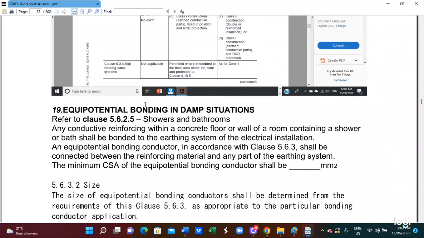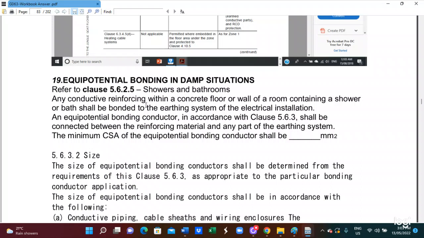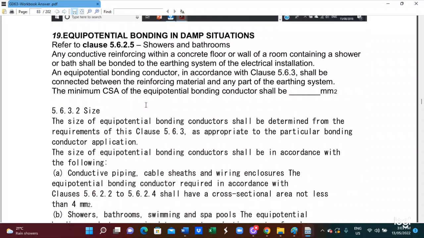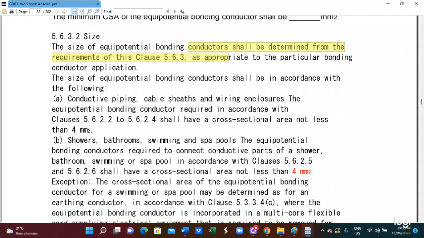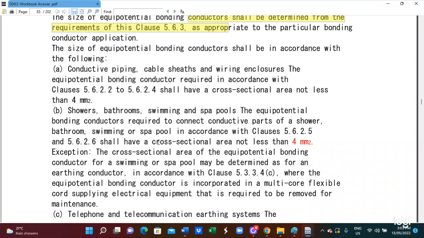Also clause 5.6.2.5 covers bonding in the damp situation. In this case, you have to use the equipotential bonding conductor, and also the size of the equipotential bonding conductor and protected piping, shower barrel, swimming pool area, how to run the protective equipotential bonding conductor, and also not less than 4 millimeter square.